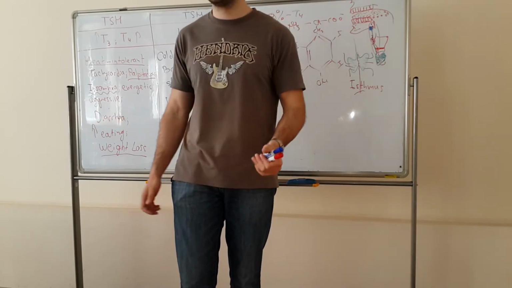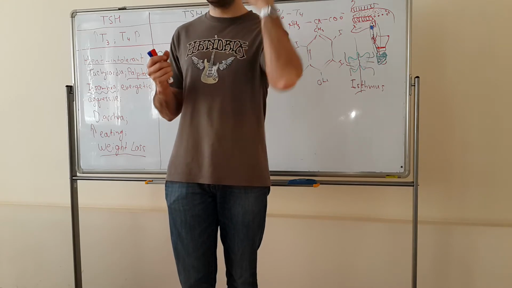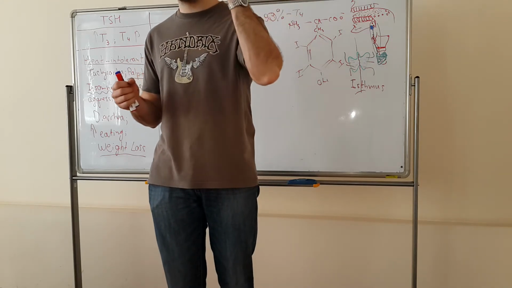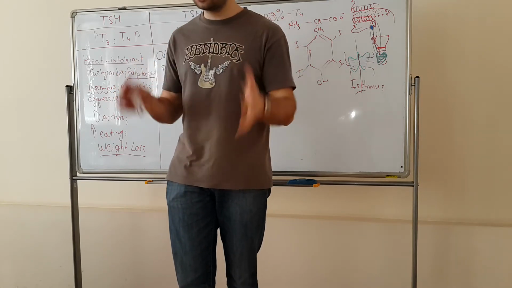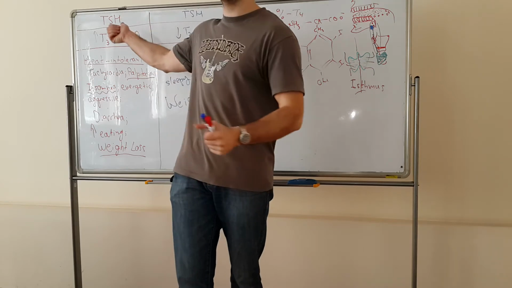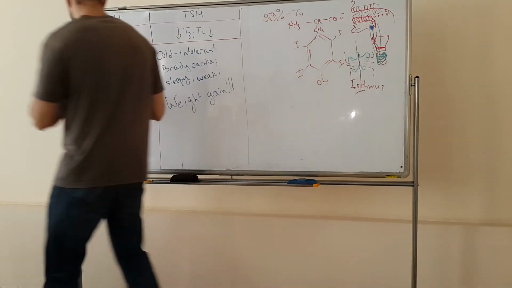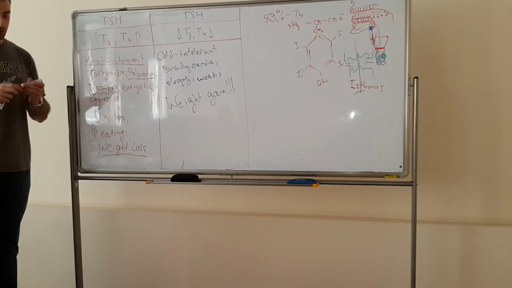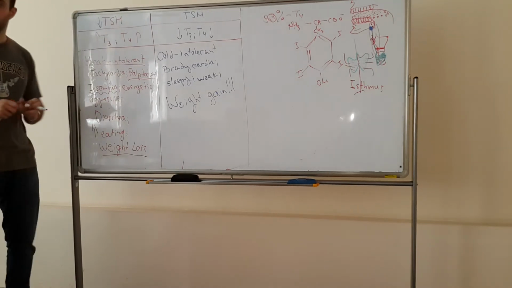Now, because I make a lot of T3 and T4, my pituitary realizes that, oops, I'm making a lot of T3 and T4, so I have to shut down the TSH, so my T3 and T4 is going to go low. So if it's because of the thyroid gland, then the TSH will be low.